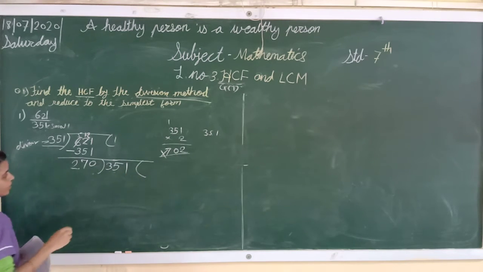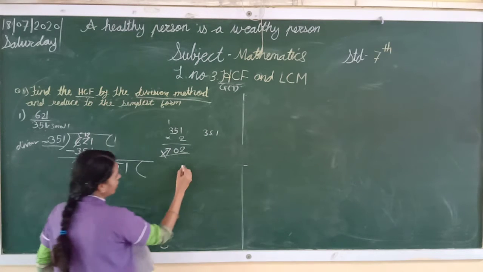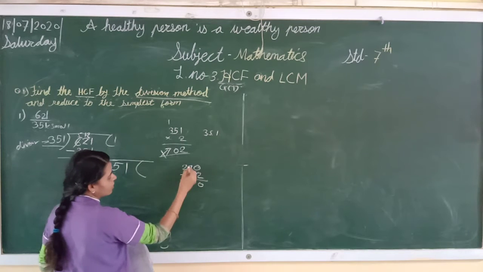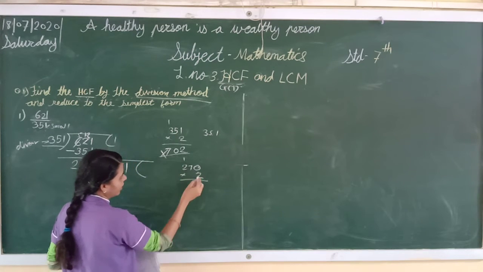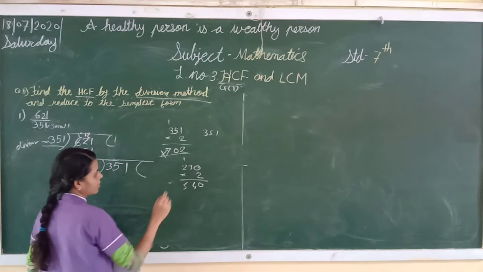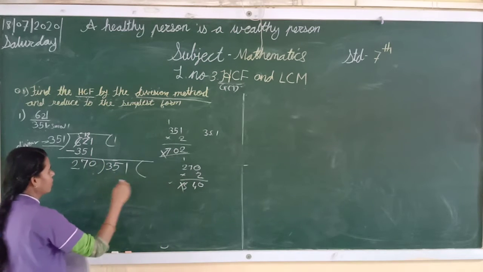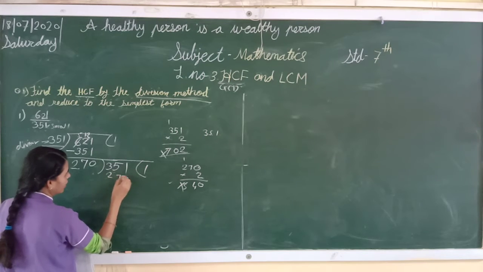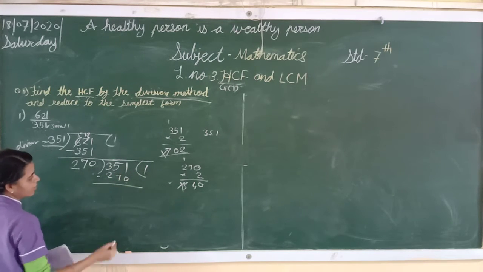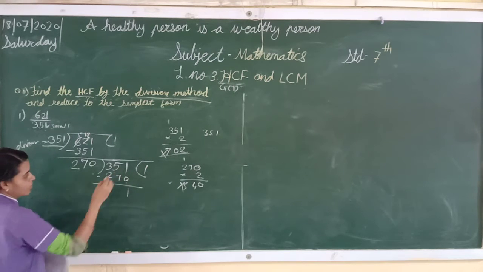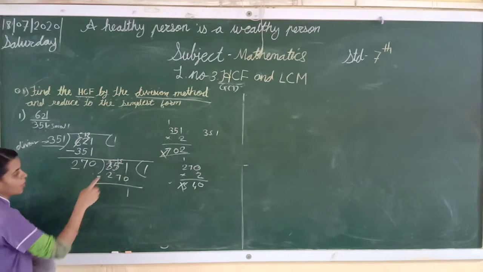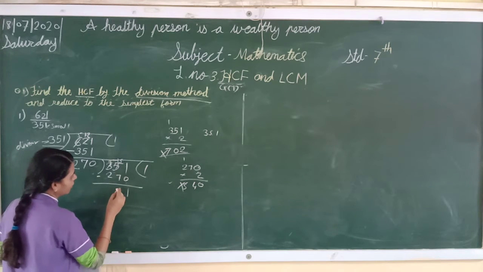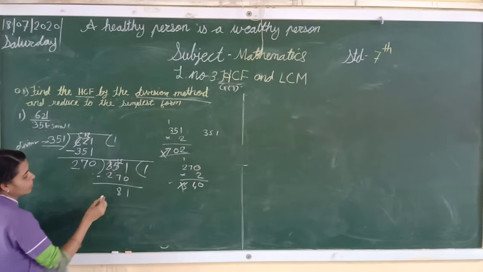So now students, divide 351 into 270. 2 sevens are 14, 1 carry. This also is greater, so we will not take this one either. So 271 minus 1, 1 minus 0, 1. 5 minus 7 is not possible, so here 15, here 2, 15 minus 7, 8. 2 minus 2, 0.